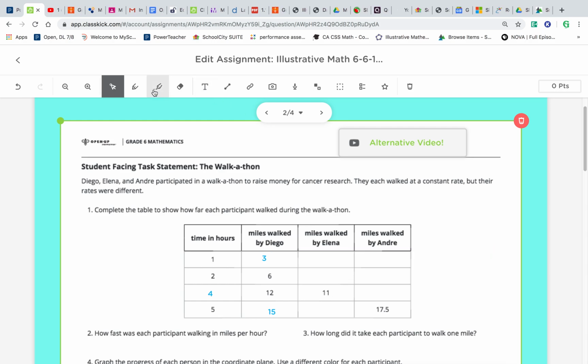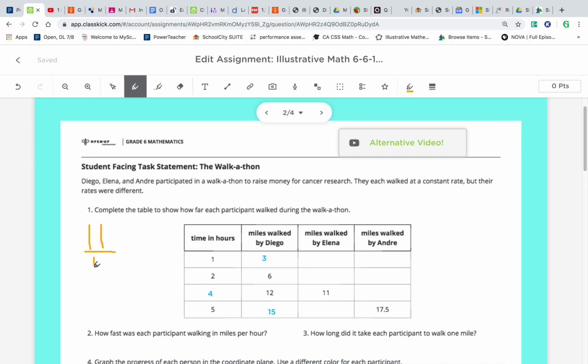Okay, and so let's write that down. 11 divided by 4, what is that if we want to make this into a mixed number? What is 11 over 4? Well, 4 is going to go into 11 twice, right? And then we're going to have 3 left over, 3 out of 4. Okay, if you're not sure how I got that, I can show you in class at some point.